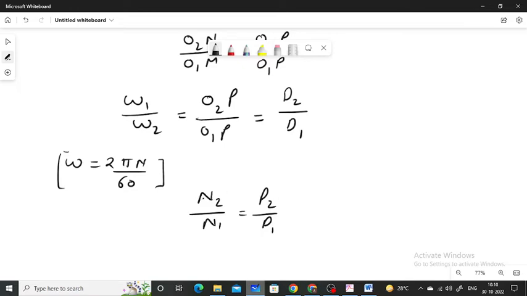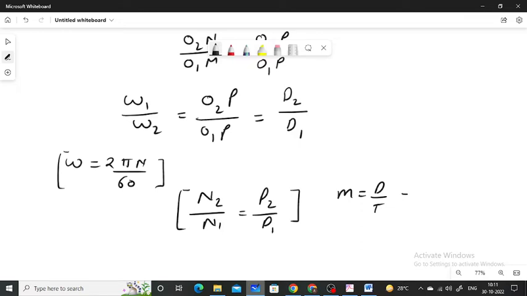Okay, we know that module is equal to d by t, and for constant meshing it is mandatory that the module of both the gears should be equal.